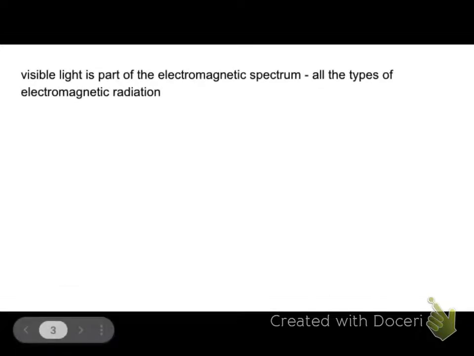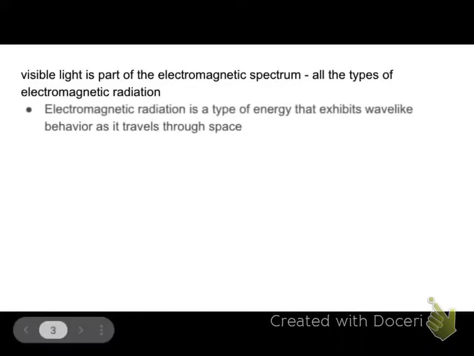Visible light, so the light that we see around us, is part of the electromagnetic spectrum. That's all of the types of electromagnetic radiation. If you don't know what electromagnetic radiation is, it is a type of energy that exhibits wave-like behavior and it travels through space.